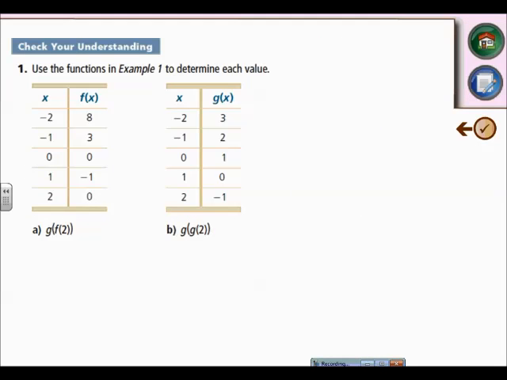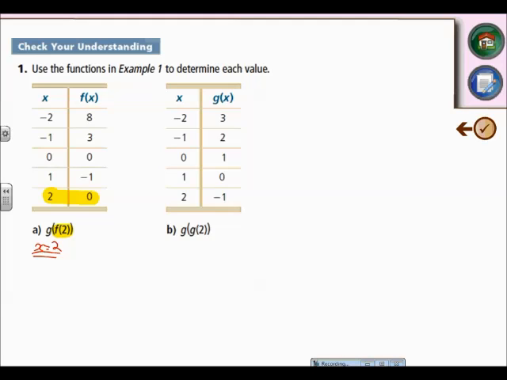All right, using the information from their example 1, we're going to continue on with it. From a table of values, we want to know g of f at 2. Start with the inside function. We're going to start at f at 2. So find an x value of 2. That's where we're starting, an x value of 2. Find that right here, and go across and find the value. It's equal to 0.